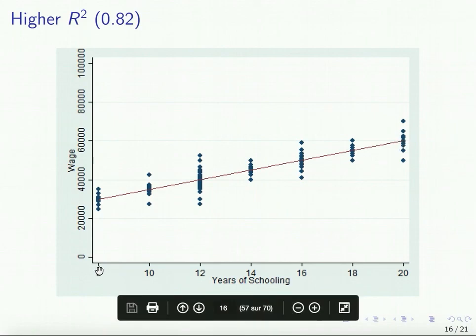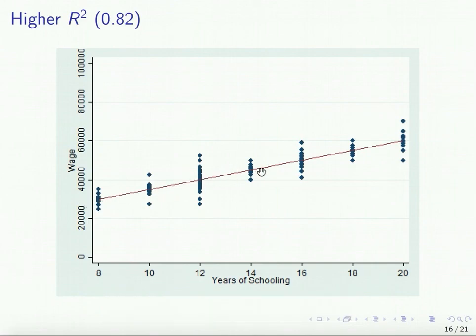I give you an x and you're predicting a yi, all right? So the part that your model is explaining is all the part along this line. The part that your model is not explaining, that is the residual, is the distance between each point and the line. You see that in this case, the r squared is quite large. 0.82, when it can be at a maximum of 1, is really good.